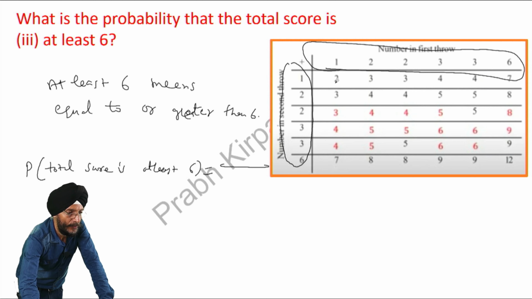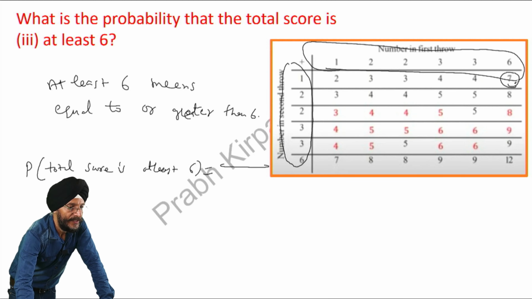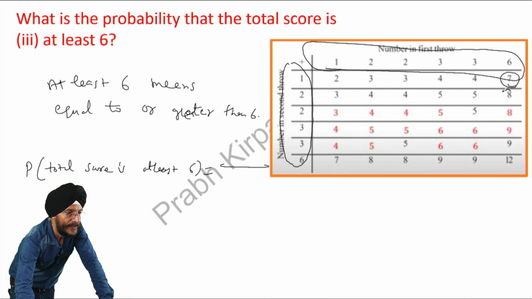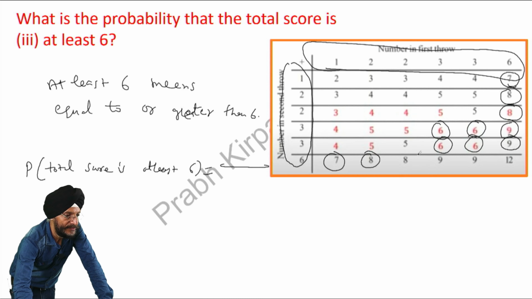So we will start from here. Total score is at least 6. Here it is the first. Here it is more than 6. It is also more than 6. It is more than 6. 4, 5, 5. Is it equal to 6? 6, 9, 4, 5, 5, 6, 6, 9, 7, 8. All these are more than 6 or equal to 6.